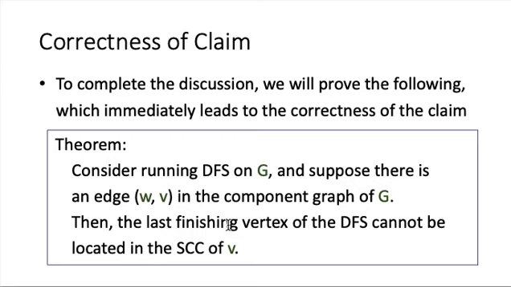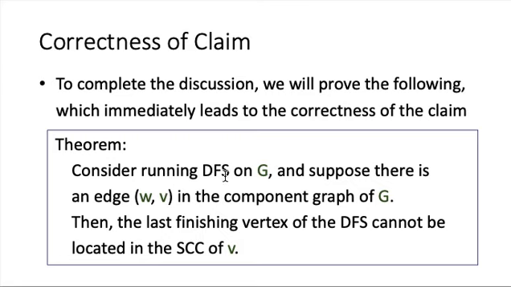Is that okay? So basically, this theorem says that if there is an edge from W to V in the component graph of G, then the last finishing vertex of the DFS running on G cannot be located at V. So when V has an incoming arrow in the component graph of G, then V cannot be the last vertex. Equivalently, when V has an outgoing arrow in the component graph of H, then V cannot be the one with the last finishing vertex.